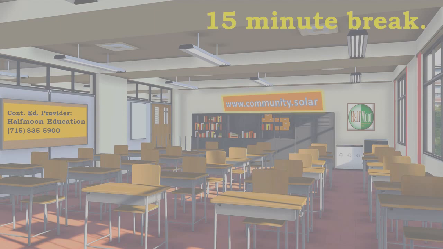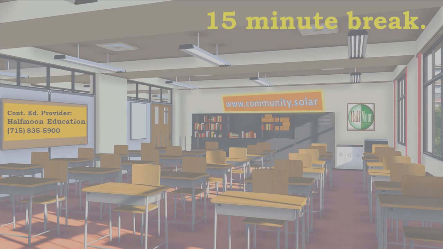is to say, why don't we go ahead and use Half Moon's address. So what we're going to do is just do a real quick array layout sketch on Half Moon's facility and generate a National Electric Code report for it.